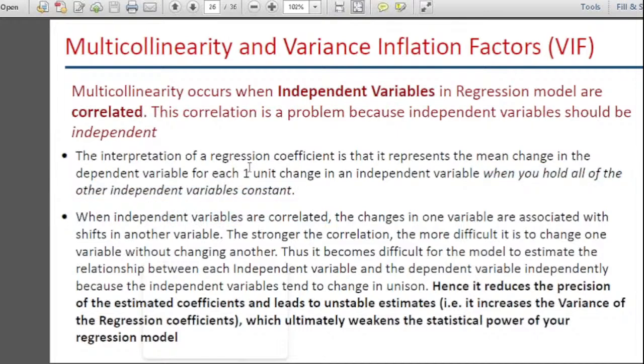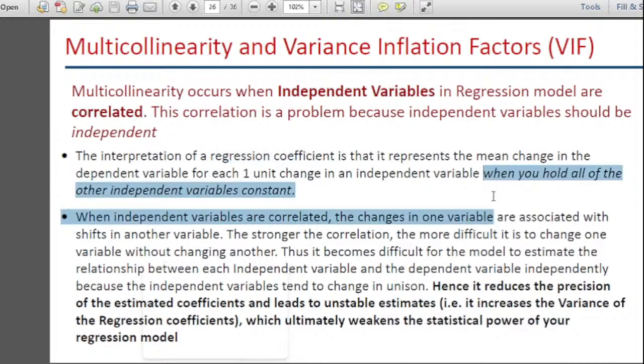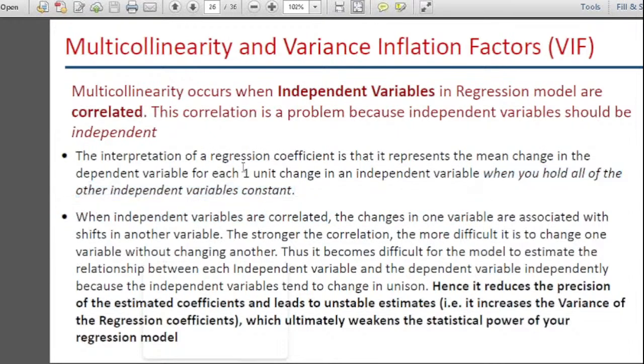If I make a change in one variable, keeping all others constant, the regression coefficient assumes that all other variables are kept constant. So it shows only the change that my independent variable is making.